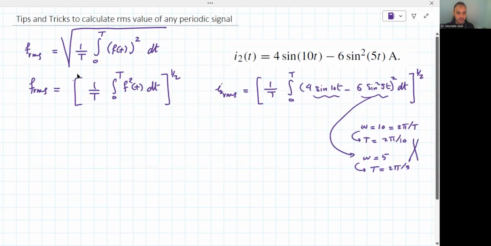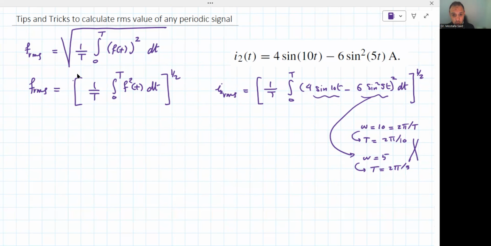So we need to come up with a method, a trick, that either converts the 5t into 10t or the 10t into 5t. And we applied the two solutions last time, and of course both were valid and correct and gave you the same average value. If you look at the previous video, it was -3.